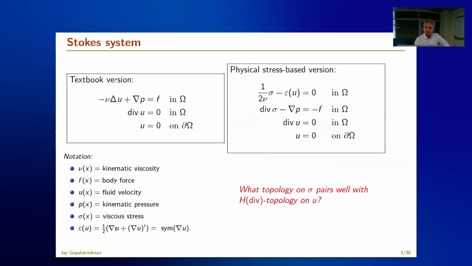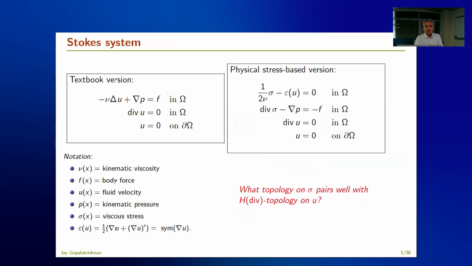Although you don't see the curl-div operator appearing here in this form, the question whose answer will lead to that is the question that's written there. What sort of formulation, for a well-posed formulation, will generate a sigma space that pairs well with an H-div space on u?